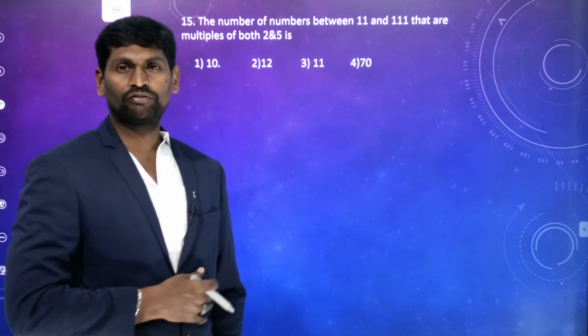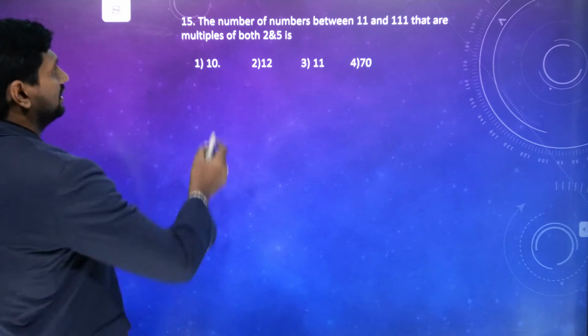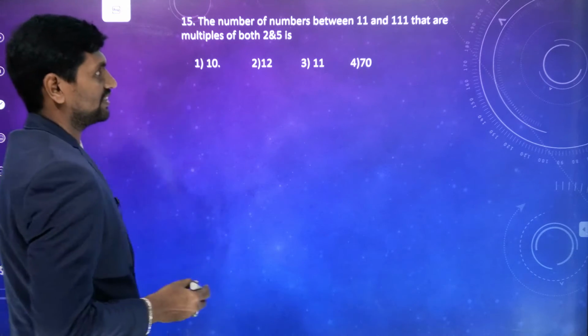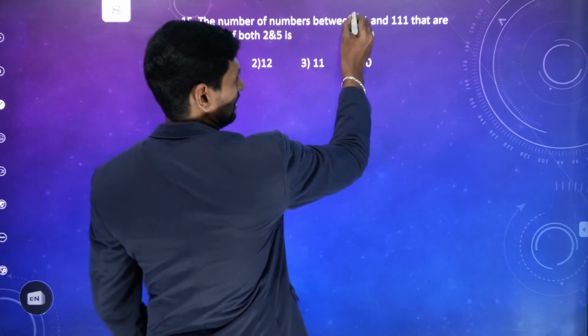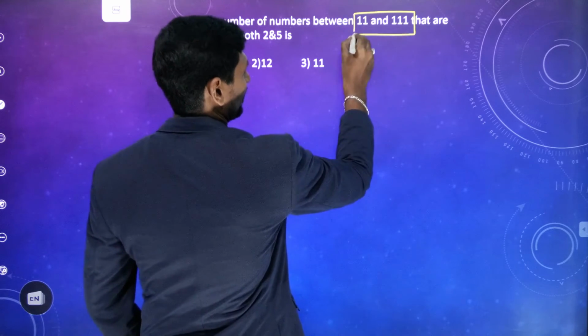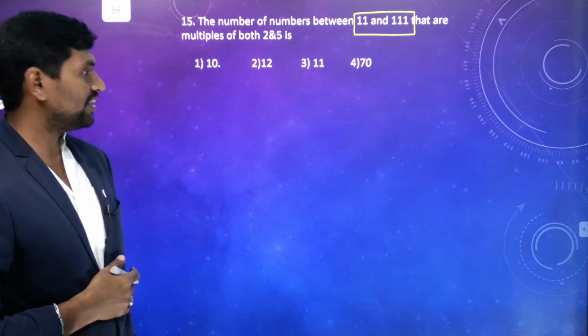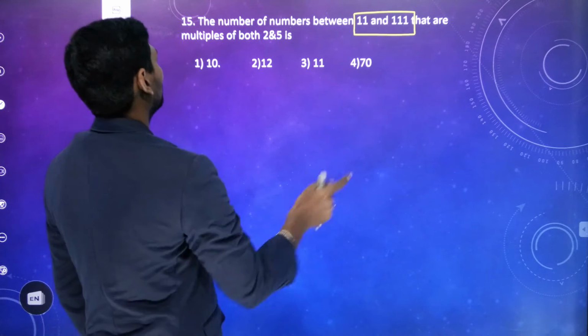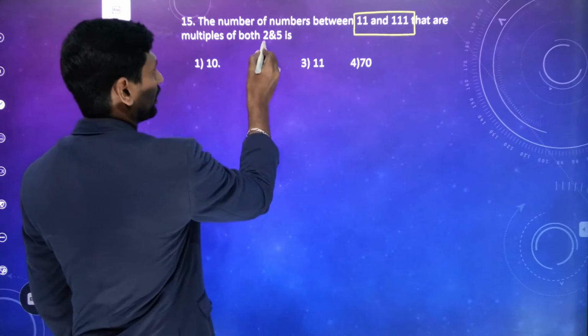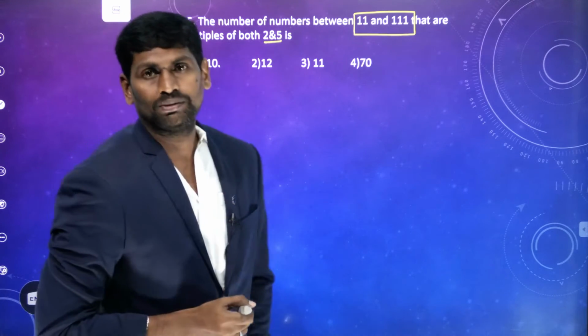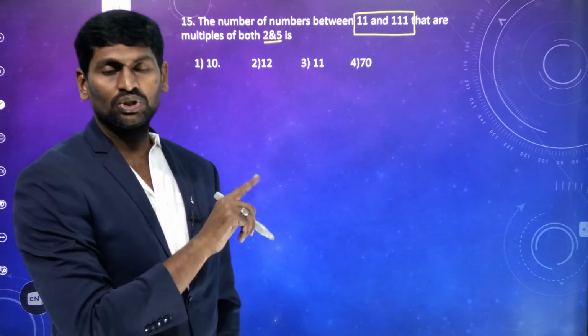Problem number 15. The number of numbers between 11 and 111 that are multiples of both 2 and 5.